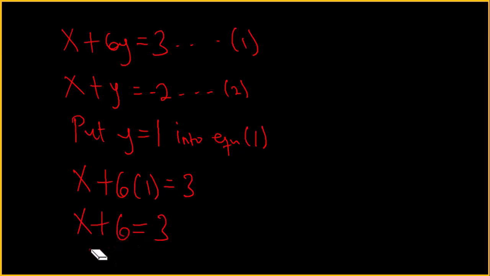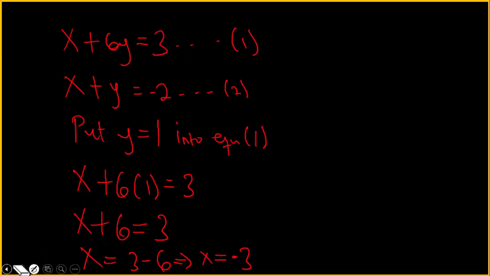So x is equal to 3 minus 6. x is equal to negative 3. So now we have our x value to be equal to negative 3 when y was kept into the first equation.